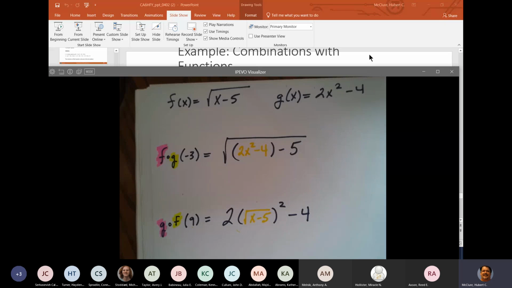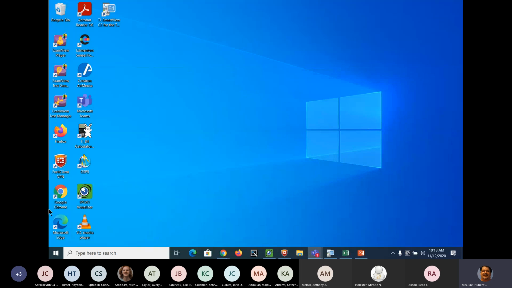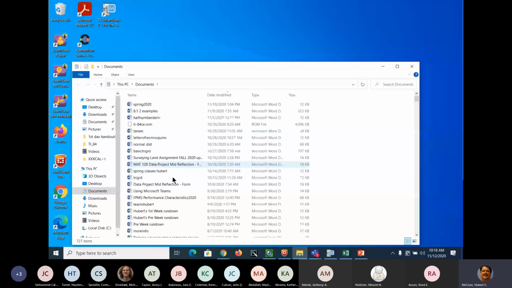I just remembered I've got a Word document in here that I fixed. Just let me see if I can find it right quick. Let's see, document, spring.